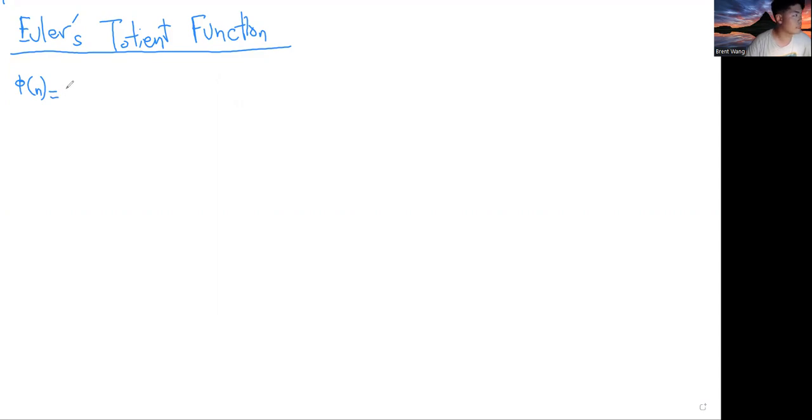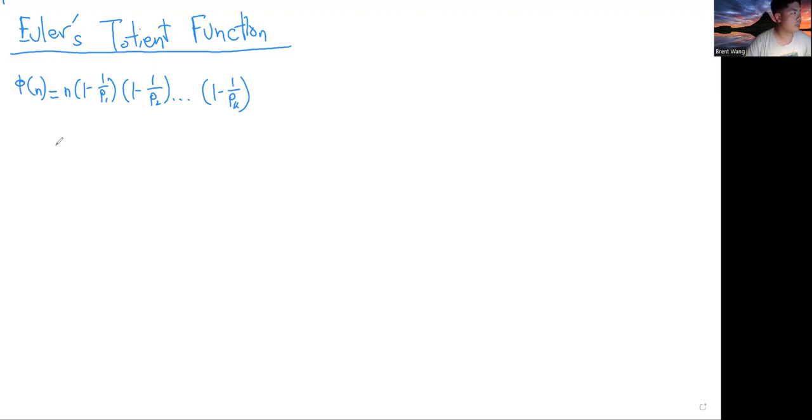One of them is n times (1 minus 1 over p1) times (1 minus 1 over p2) dot dot dot (1 minus 1 over pk), for all the primes that are involved, essentially.